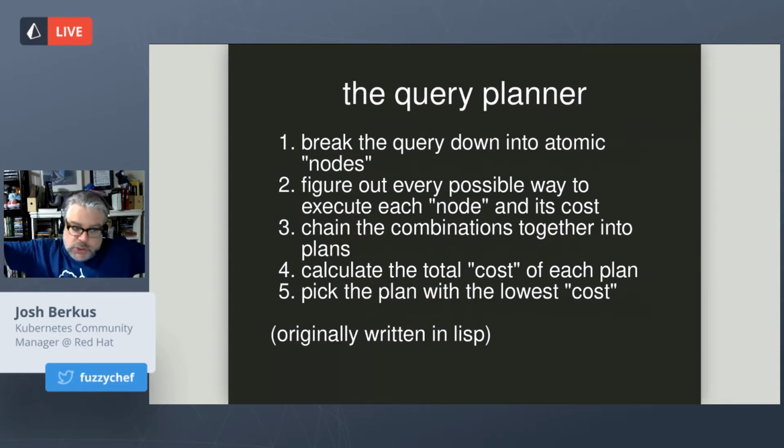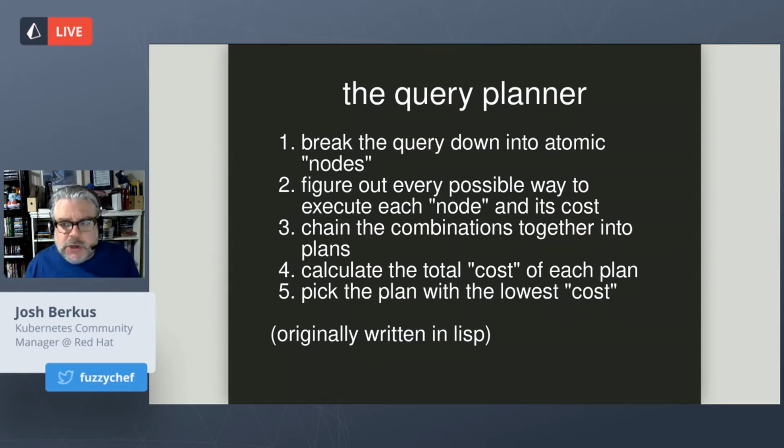But in order to explain what explain does, I have to give you some background on what the query planner is and how it works. Because what you are reading in explain is the query planner's own output. So how a query planner works, and again, this is true across SQL databases that I know, is it breaks the query down into bits of work called nodes, as in retrieve this bunch of rows from this table, then correlate the bunch of rows with some from another table.